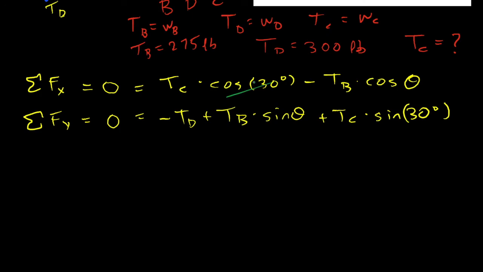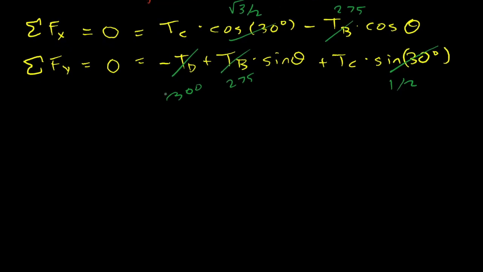We know that cosine 30 is equal to square root of 3 over 2. We know that T sub B is equal to 275. This is also 275 and 300. Oh, and also sine 30 is 1/2. Now let's rewrite.